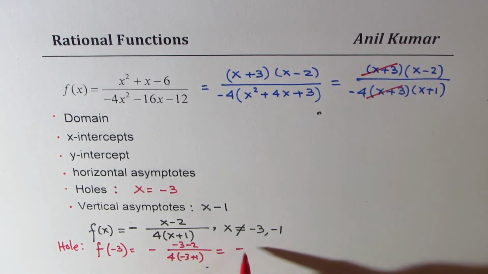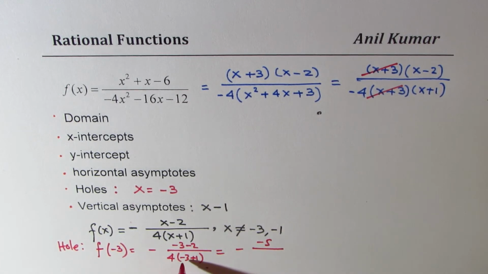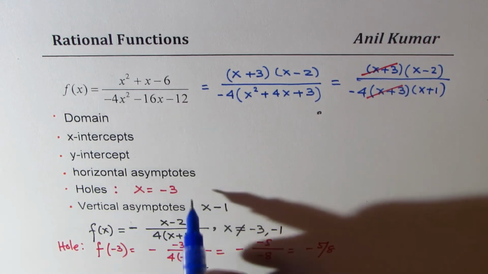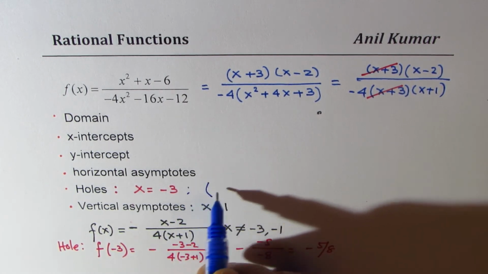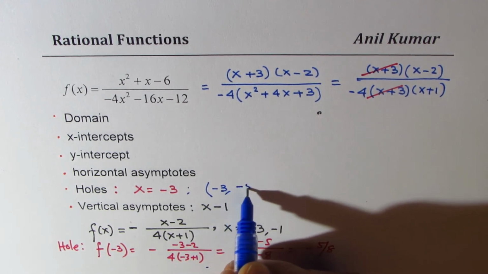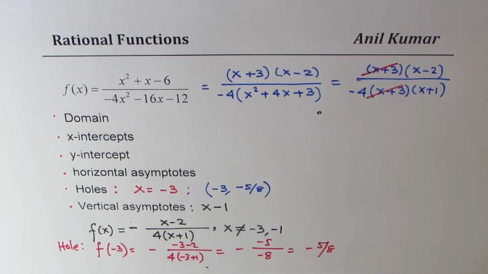So it is minus of minus 5 over minus 2 times 4, which is minus 8. That gives me minus 5 over 8. The hole is a point where the x value is minus 3 and the y value is minus 5 over 8. Is it clear? So that is how you get your hole.